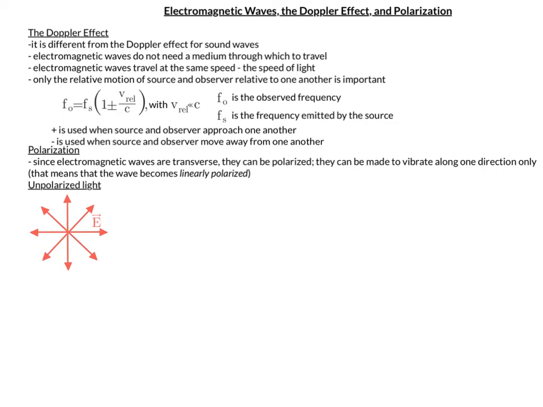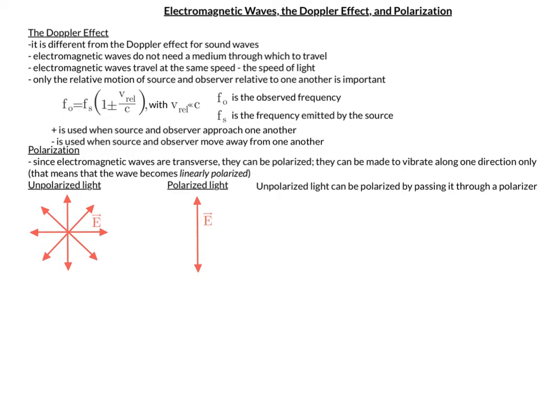And as I said, the orientation is just in all directions. Here we have polarized light. Now you see that there is only one direction chosen for the electric field. So essentially the electric field oscillates up and down like this as it is traveling through space. All of the other components of the electric fields are no longer there.